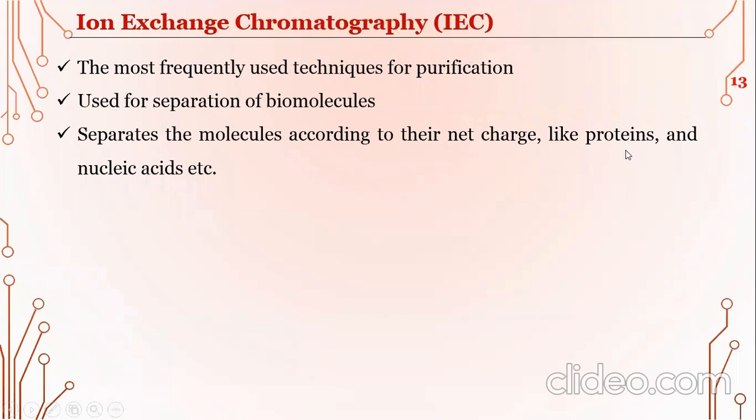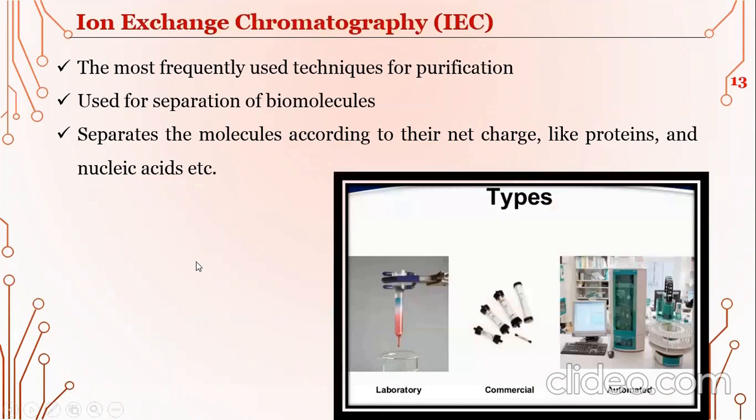And the same is the case with a mixture of proteins or nucleic acids, whatever it is. We can separate them through ion exchange chromatography, and this procedure will depend on the net charge on these macromolecules. If you can see, there are different types of this IEC, and this is a laboratory technique. You can see this type of apparatus in laboratories.